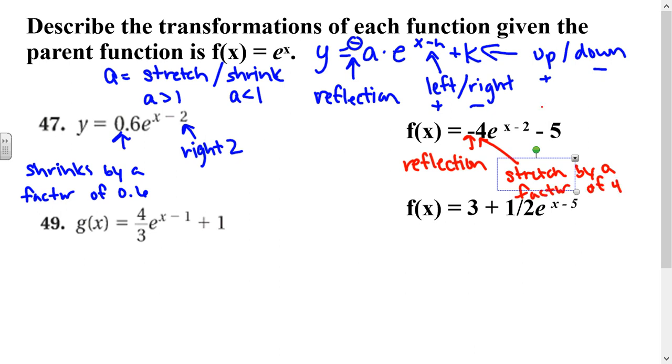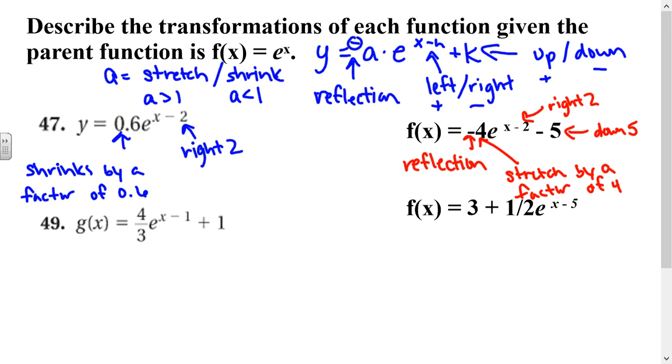The minus 2 means that it goes right 2. And the minus 5 means that it goes down 5. Because this number means right or left, this number means up or down. So if you want to, take a minute and pause the video and try the next two and see what you get.